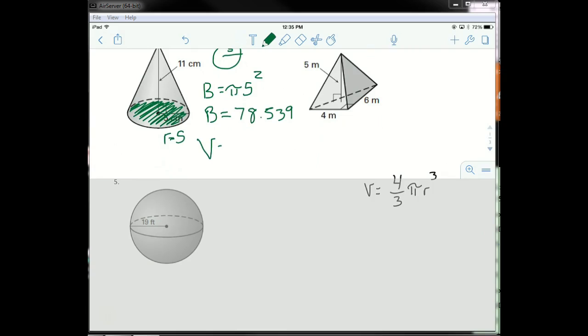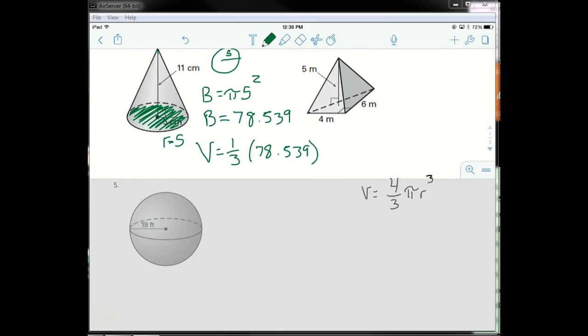And then I go right to my volume formula, 1/3 area of the base times the height. Now height in the C-level questions will be given to you. We're looking for that interior height, straight up and down from the bottom to the top, not along the diagonal. That's what we use for surface area. Multiply that by that height, which is 11.